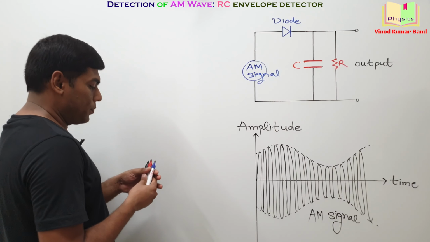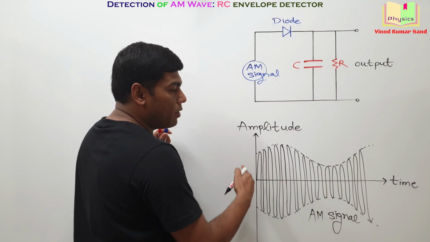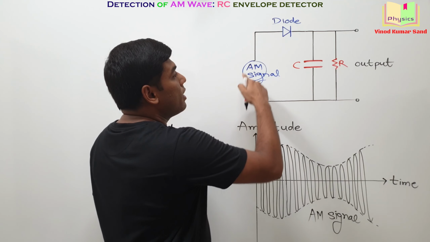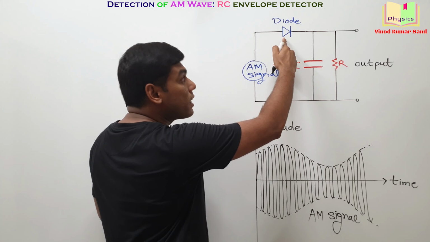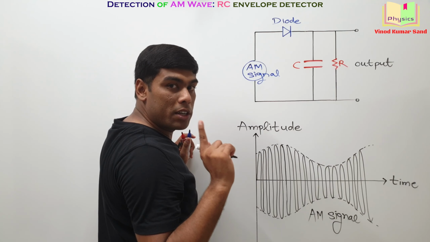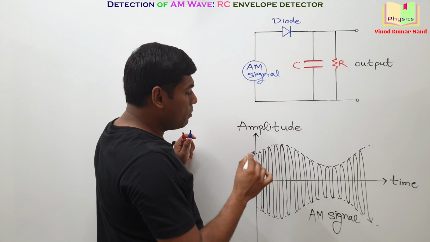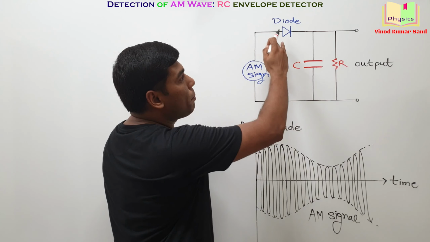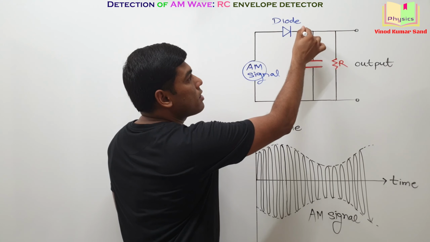Now we'll see the detection of AM wave. Pay attention. Here we have an AM signal. Okay. This AM signal is passed through a diode. We know that a diode conducts if and only if it is forward biased. It means this positive half cycle will only appear on this side.